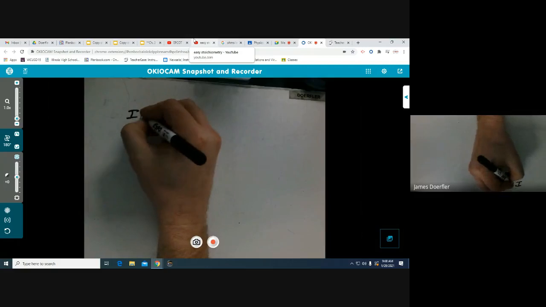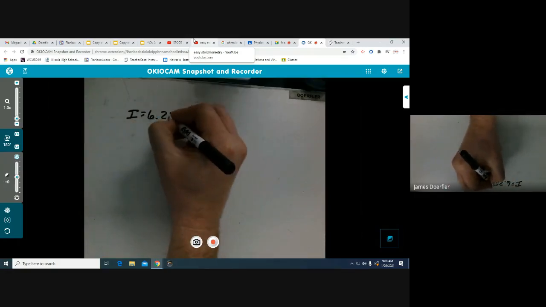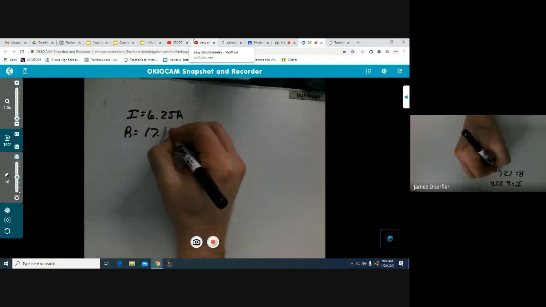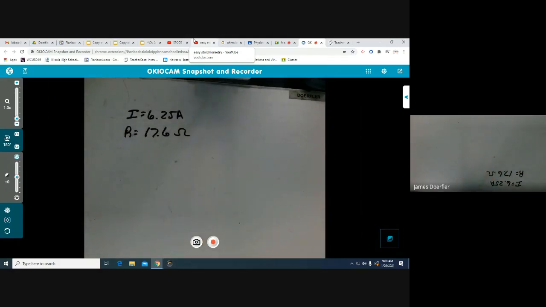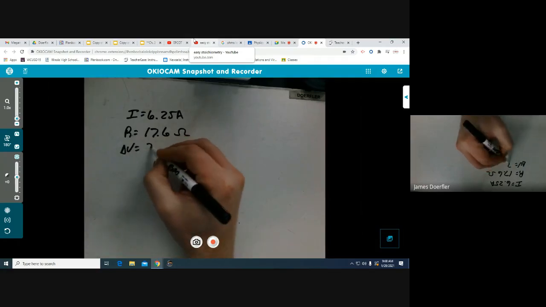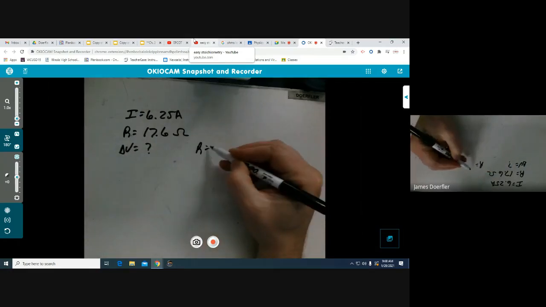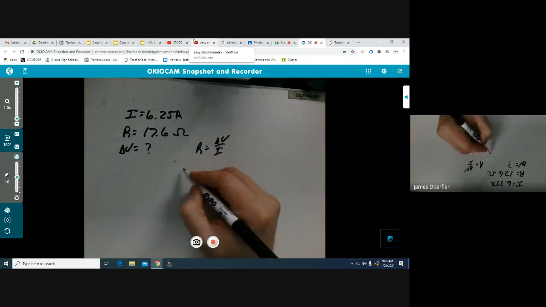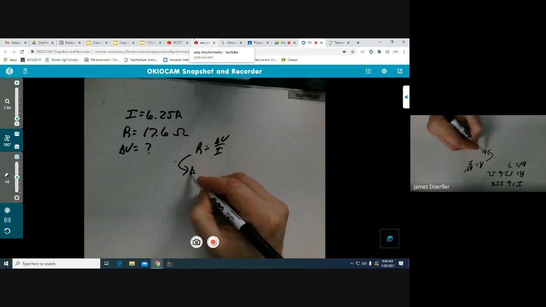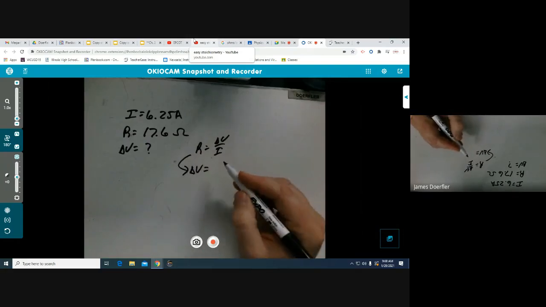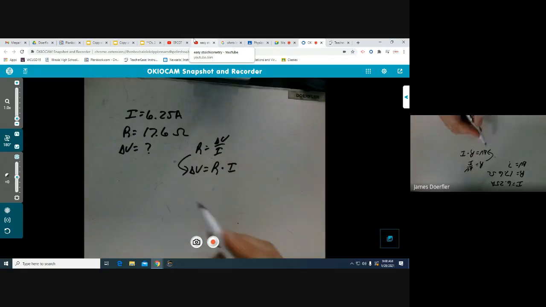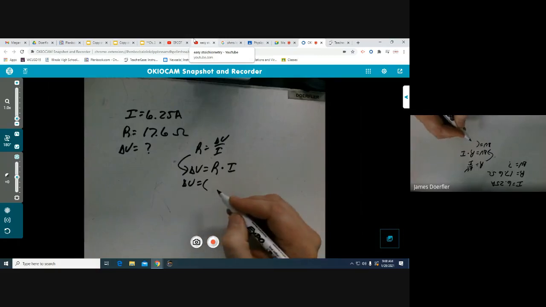Okay. So again, we know our current, 6.25 amps. We know our resistance, 17.6 ohm. We need to know our delta V. So R equals delta V over I. We need to solve for V. So we're going to have both sides multiplied by I, to where we get delta V equals R times I. Then we just plug in our values here.